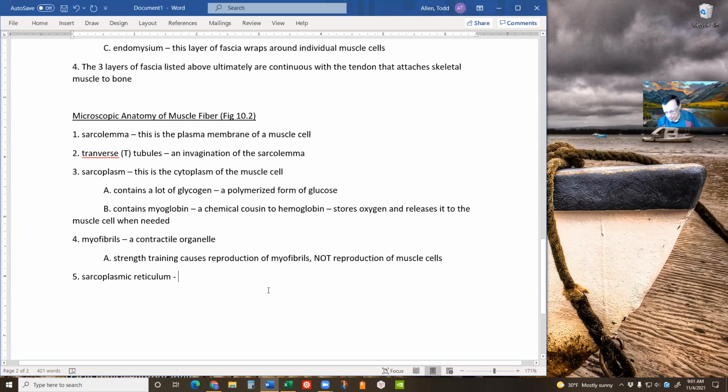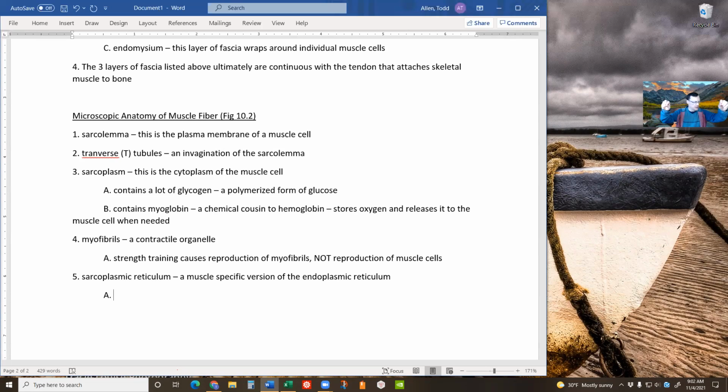Sarcoplasmic reticulum is a muscle-specific version of the endoplasmic reticulum. So hopefully you remember the phrase endoplasmic reticulum from chapter 3. At any rate, sarcoplasmic reticulum is the muscle version of endoplasmic reticulum. And what's important about it is it is a network of these, in the case of your textbook, color-coded channels.